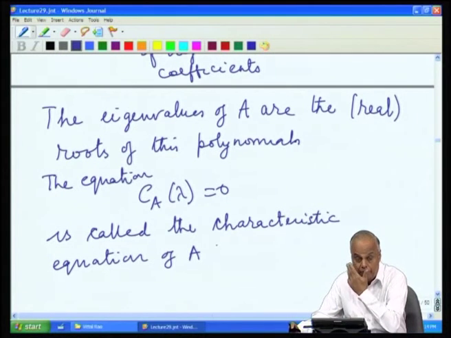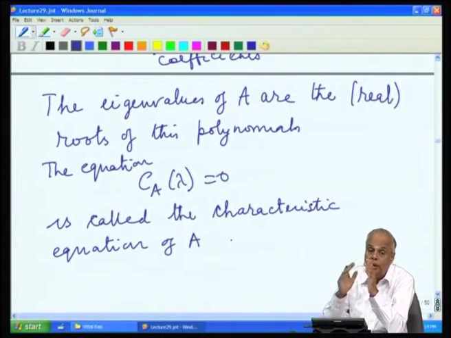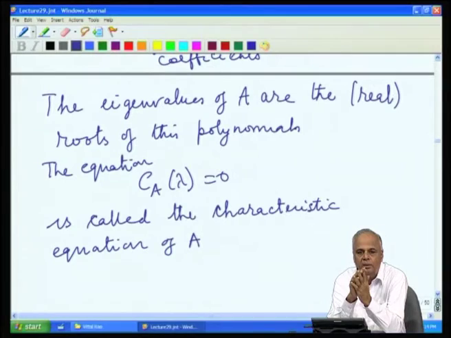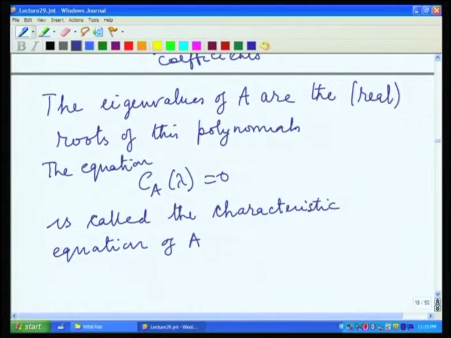So, our search for the eigenvalues has now come down to finding the roots of a polynomial. You do not have to go around searching all over the real numbers. Given the matrix A, we construct this determinant lambda I minus A. When we expand it, we get a polynomial, and this polynomial C A lambda is a polynomial of degree n.